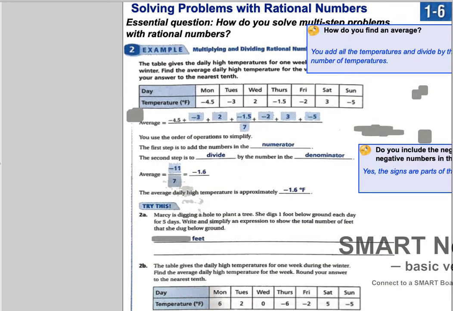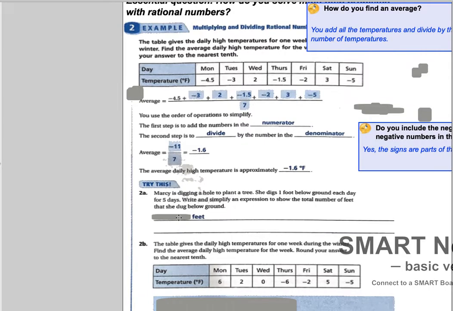And finally, the last part, Marcy dug a hole for the tree, so she had 5 times a negative 1 because she had a positive 5 days, and she did negative 1 foot, and when you multiply that gets you negative 5, and your answer in word form would be 5 feet below ground.